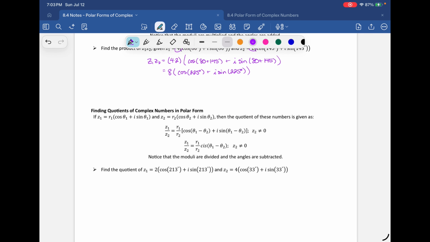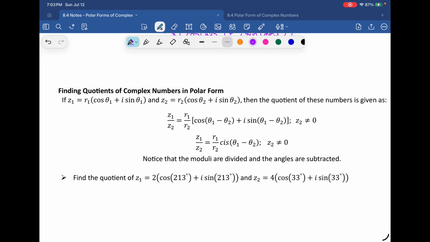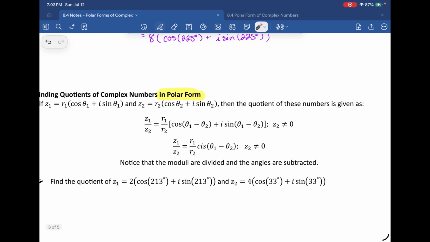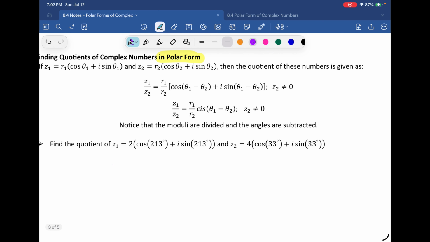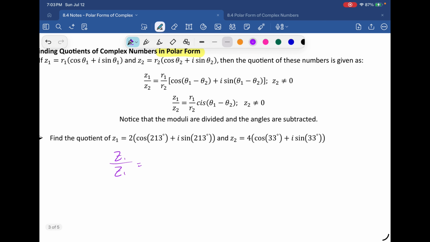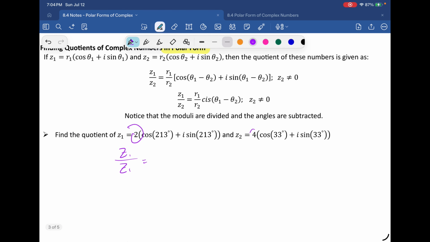The quotient rule is pretty similar. Again, the key is that they're already in polar form. They have to be. So r cis theta. Instead of multiplying the radius, you divide the radius. Instead of adding the angles, you subtract the angles. That's the difference. z1 divided by z2. Divide the radius. Subtract the angles.